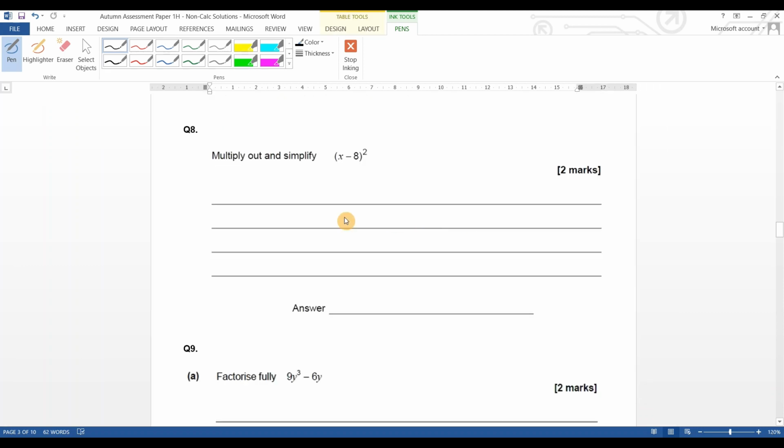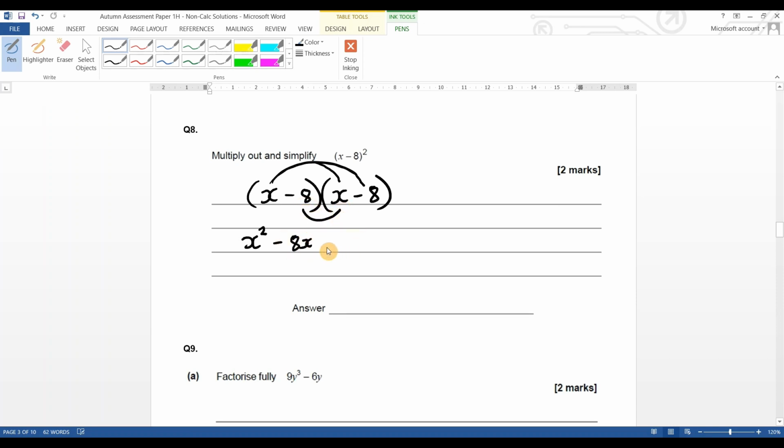Question 8. Multiply out and simplify, 2 marks. So this literally means, if it's got a square on it, it just means x minus 8 multiplied by itself. Let's do it step by step. This one with this one gives you x squared. This one with this one gives you minus 8x.